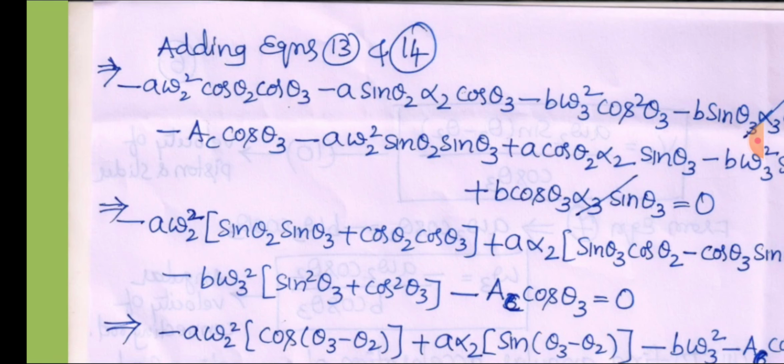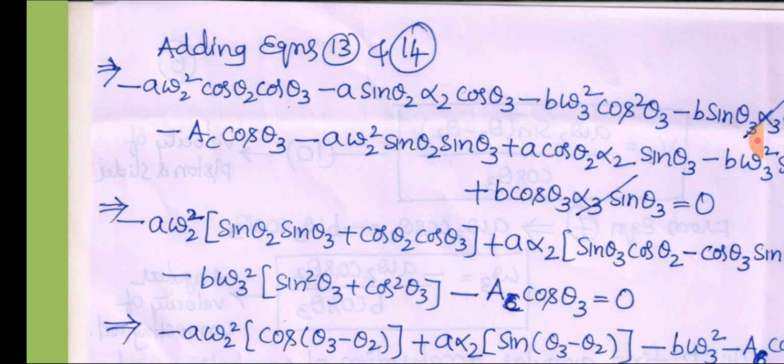So adding equations 13 and 14 and cancelling the terms, I will be left with this. Then minus a omega 2 square, now sin theta 3 sin theta 2 plus cos theta 3 cos theta 2.